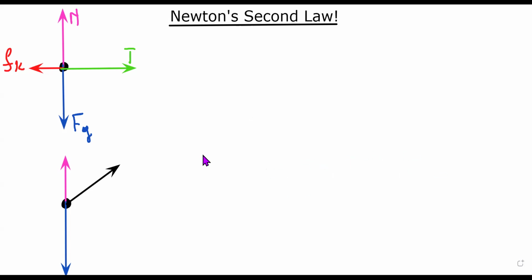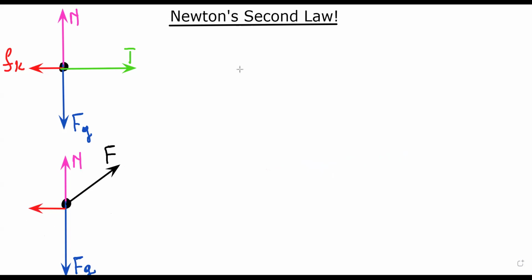All right? So you'll come and say, well, this is the normal force and this is the gravitational force. And here we have the applied force. And of course, we do have an opposing force once again, which is the kinetic frictional force.